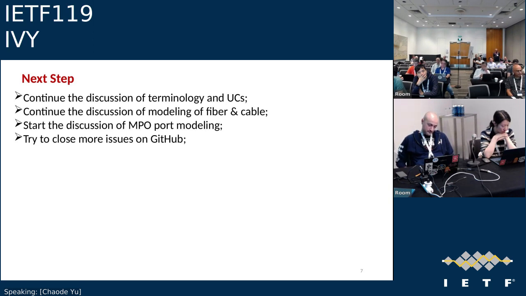And we will continue to discuss the modeling of fiber and cable. If we have enough input, we will start the discussion of MPO modeling. We will also try to close as many issues as possible on GitHub. Okay, that's all for my presentation today. Thank you.